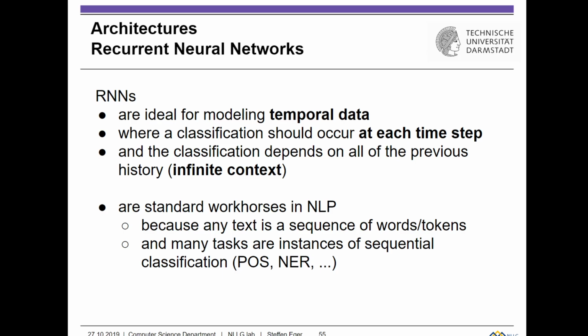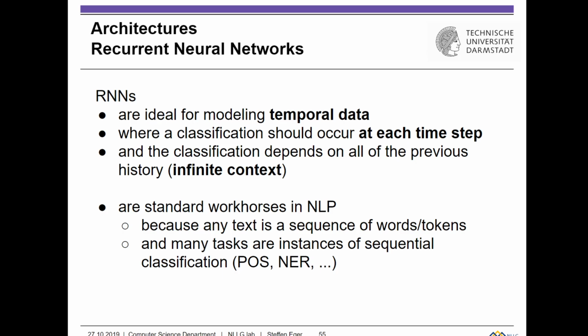And often we want to classify each element in the sequence. So we want to do a classification at each time step, and the classification usually depends on the history. Whatever you have seen earlier influences your decision, how you would label the current unit at the current time step. And RNNs are the standard workhorses for such data.